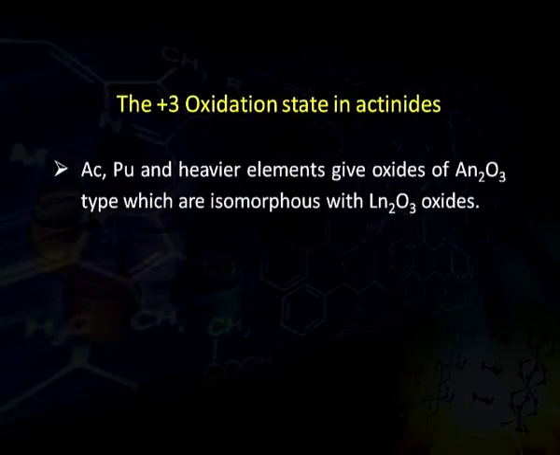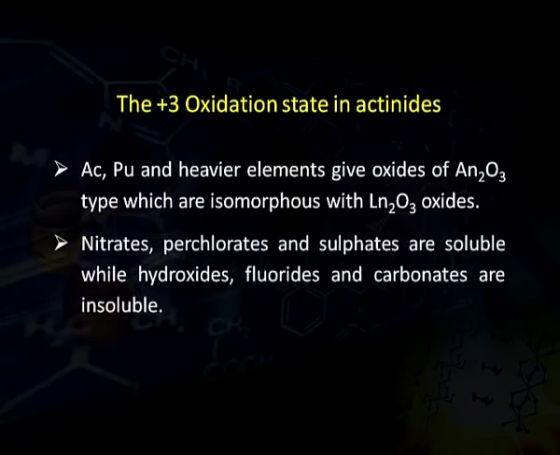Actinium, plutonium and heavier elements give oxides of the An2O3 type, which are isomorphous with the lanthanide Ln2O3 type of oxides. Nitrates, perchlorates and sulfates are soluble; however, the hydroxide, fluoride and carbonates are insoluble in nature.